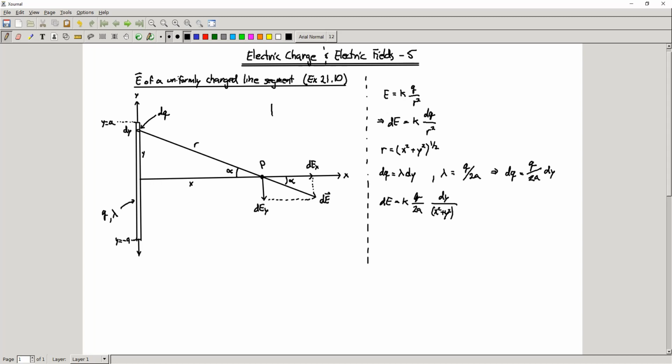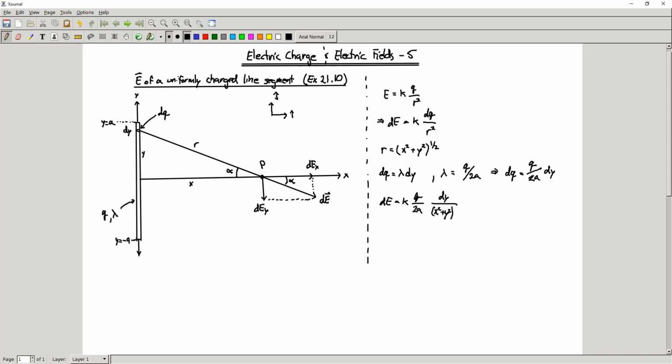So let me put some coordinates here. This will be our i hat direction, and this will be our j hat, and again, this is just x and y. And so we want to see what dEx and dEy are. We can easily see that from this diagram. If this is the angle alpha, this will also have to be the angle alpha.